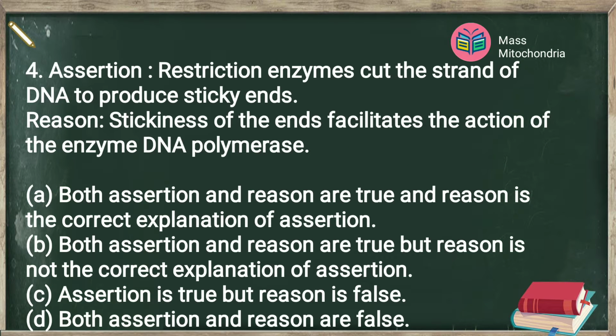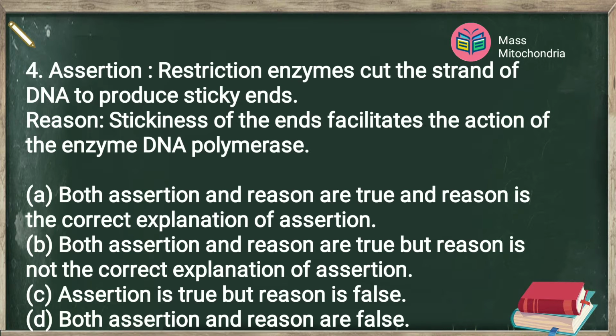Question number 4. Assertion: Restriction enzymes cut the strand of DNA to produce sticky ends. Reason: Stickiness of ends facilitates the action of the enzyme DNA polymerase. Option A. Both assertion and reason are true and the reason is the correct explanation of assertion.